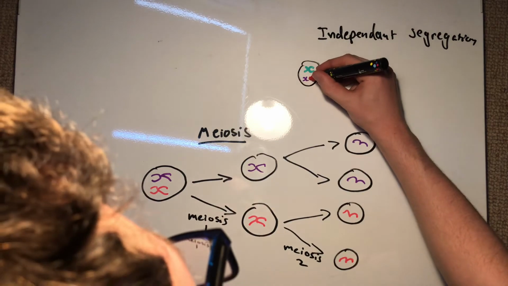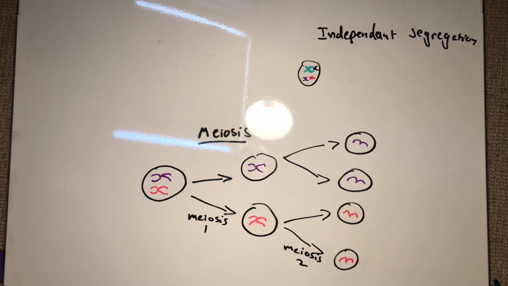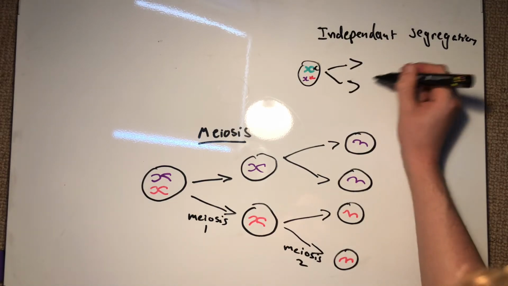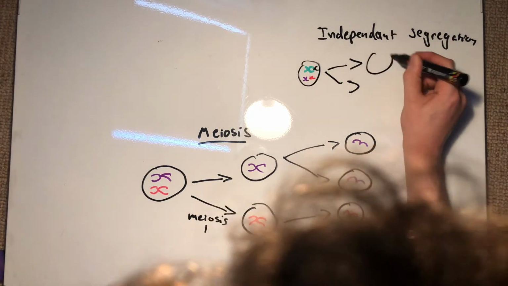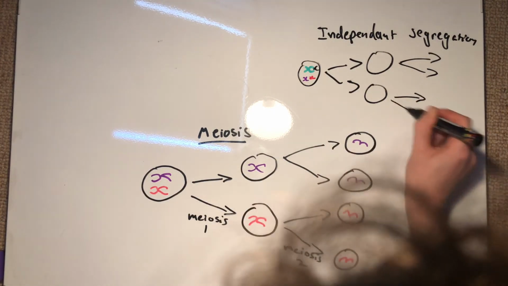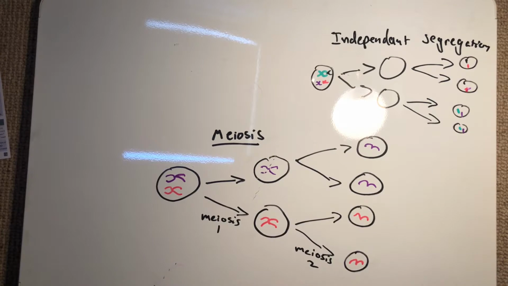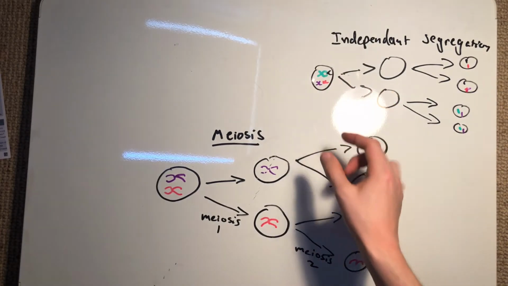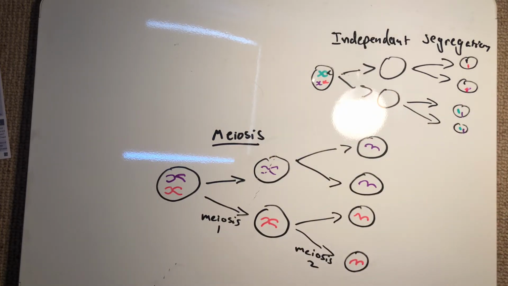When the cell splits, you get a random combination of any of them. With independent assortment, this green chromosome could end up with either the purple one or the red one. They're independent and not linked to one another. As long as you remember that, it should be okay.